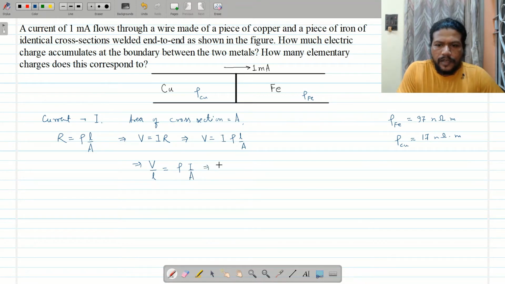So we find in this case that the electric field within the current carrying cylindrical conductor is the resistivity multiplied by the current density, which is denoted as J.